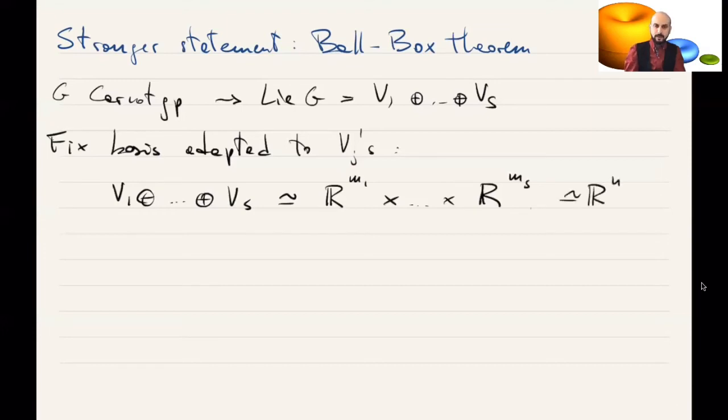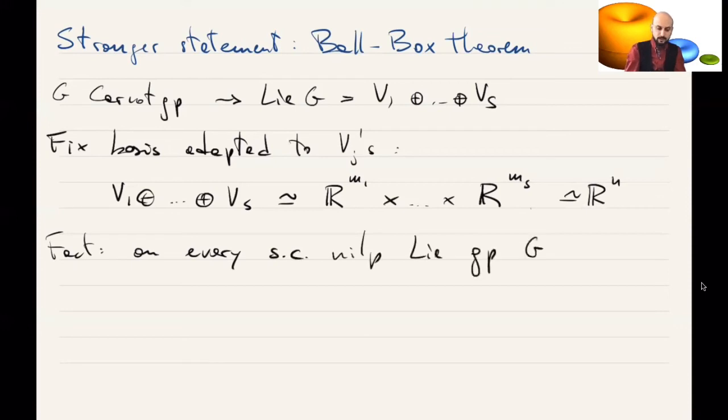Okay. Now, let me recall this fact we already discussed: on every simply connected nilpotent Lie group, as G is, the exponential map from R^n to G is a global diffeomorphism.